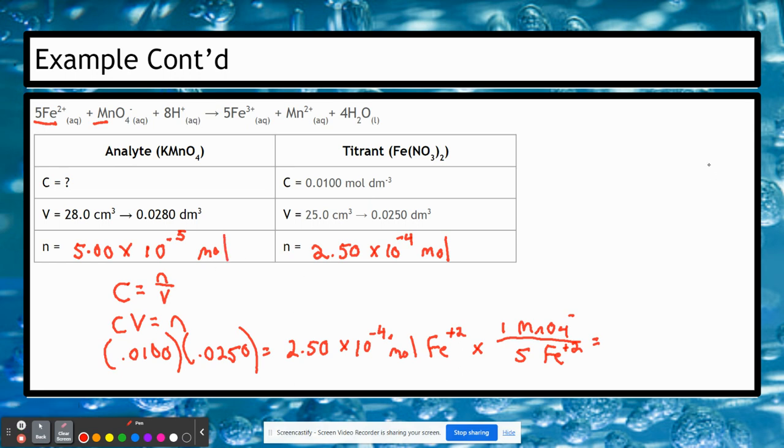So I'm already on my last step. I'll put my last step in blue. I know the volume, I know the number of moles of permanganate, and so here I come over here and just am going to use my concentration equation one more time, where my number of moles is the 5.00 times 10 to the negative fifth, and my volume is going to be the 0.0280.